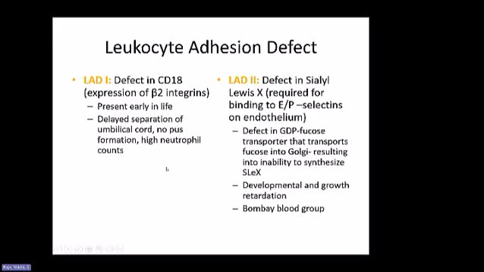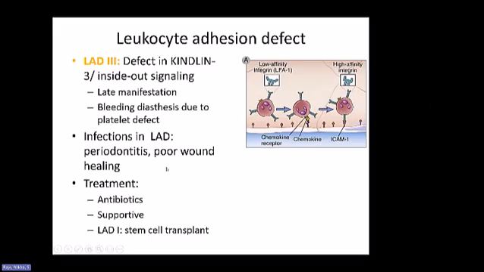And then LAD type 3 is a defect in that inside-out signaling. So remember that low affinity integrin binding, when there is inside-out signaling because of chemokine binding to chemokine receptor, that low affinity integrin turns into high affinity integrin.